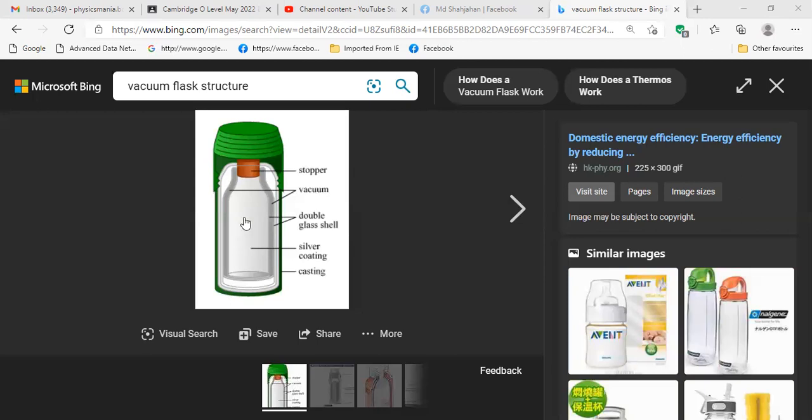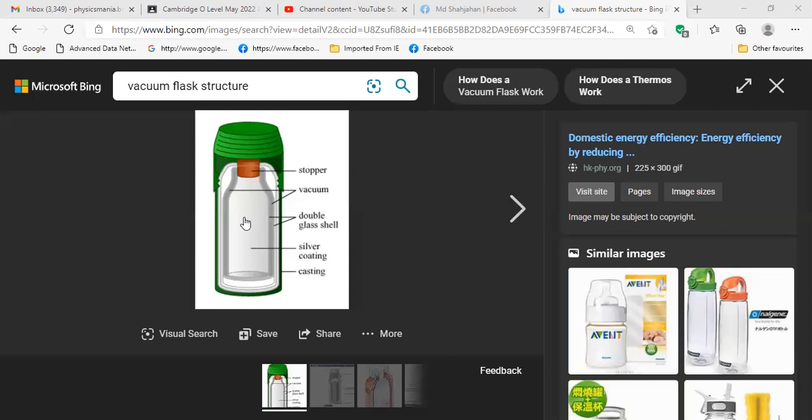Yes, sir. So this way we are reducing the radiation process also. So in this vacuum flask, conduction is reduced, convection is reduced, and radiation is reduced. So our liquid remains hot for a long time.